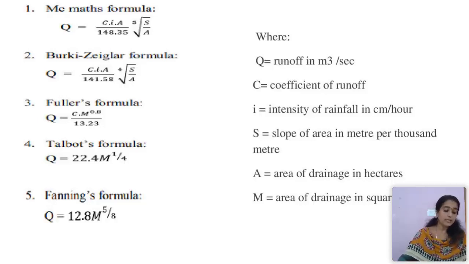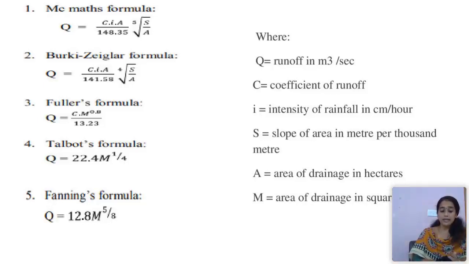The fourth one is Talbot's formula, where Q is equal to 22.4 m raised to 1 by 4. And Fanning's formula, that is Q is equal to 12.8 m raised to 5 by 8.